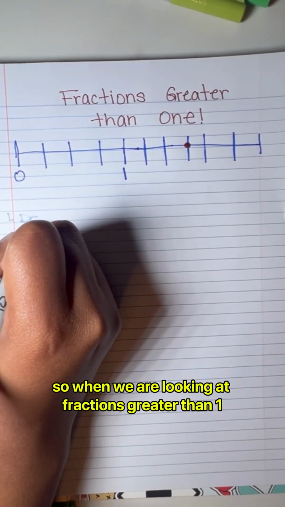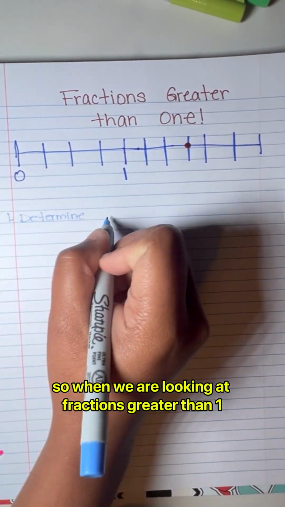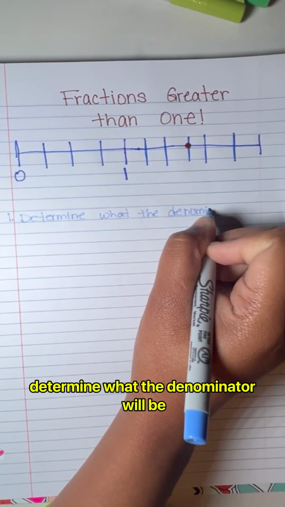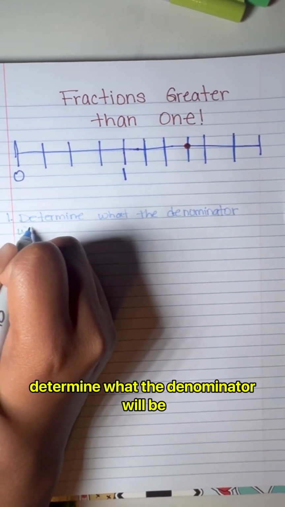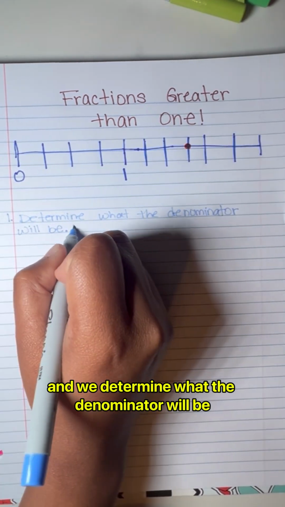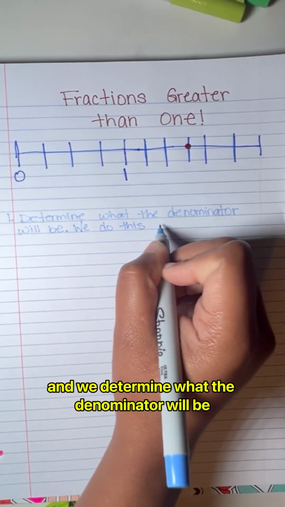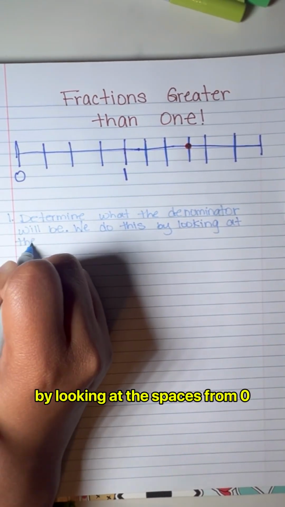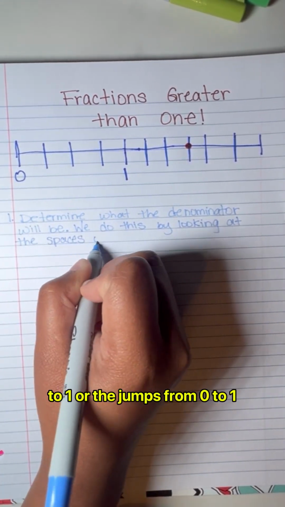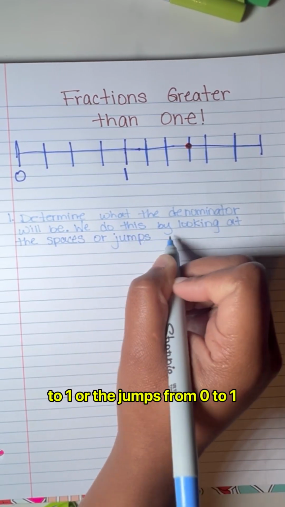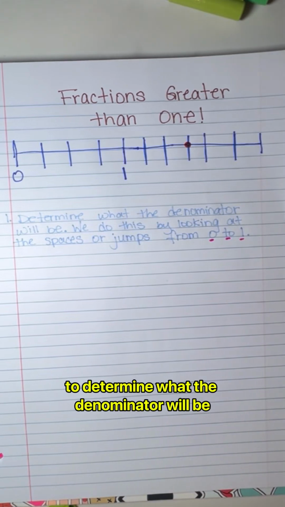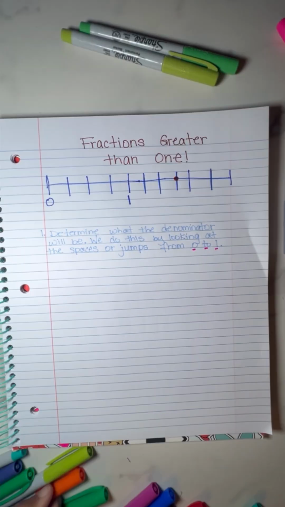So when we are looking at fractions greater than 1, the first thing we need to do is determine what the denominator will be. And we determine what the denominator will be by looking at the spaces from 0 to 1, or the jumps from 0 to 1.